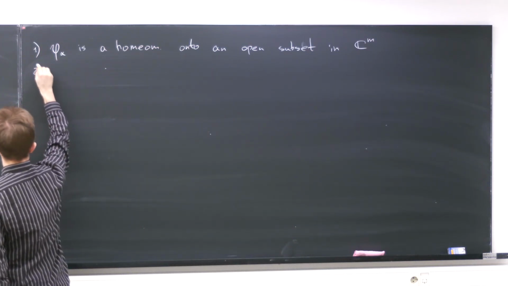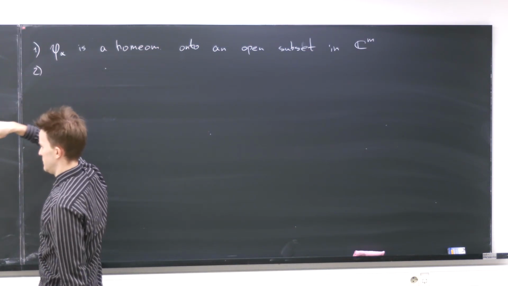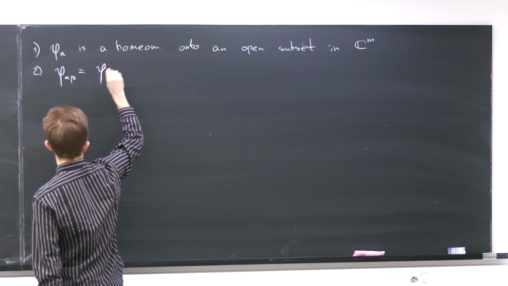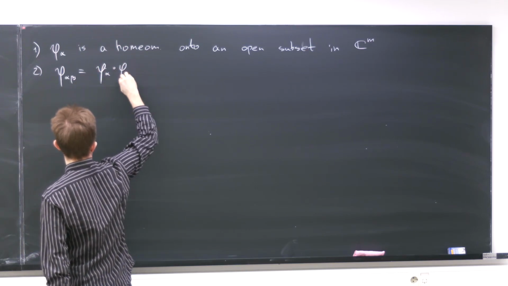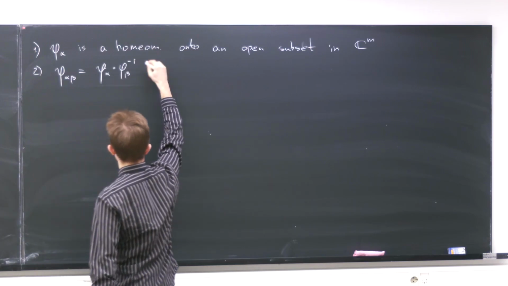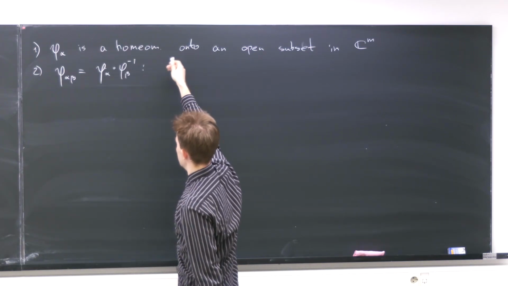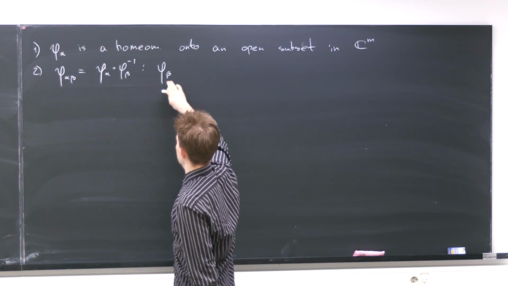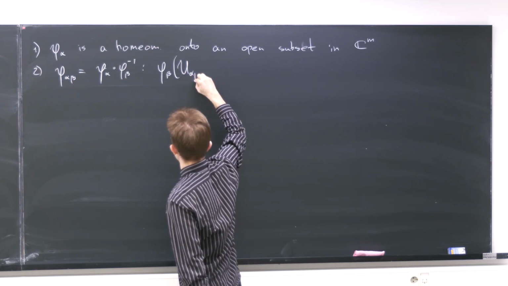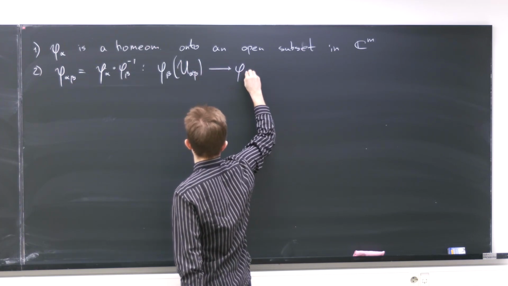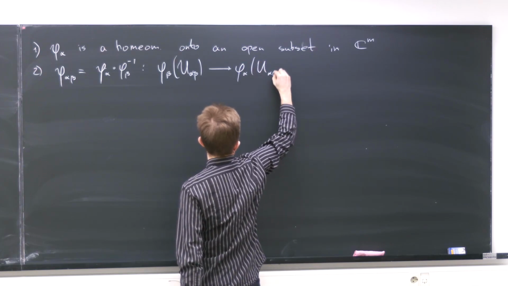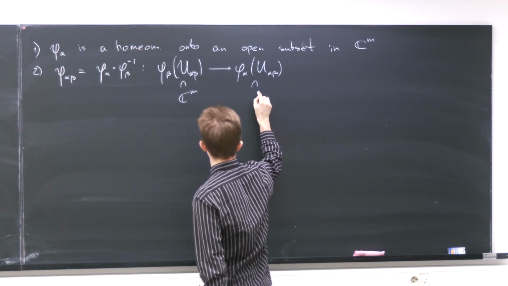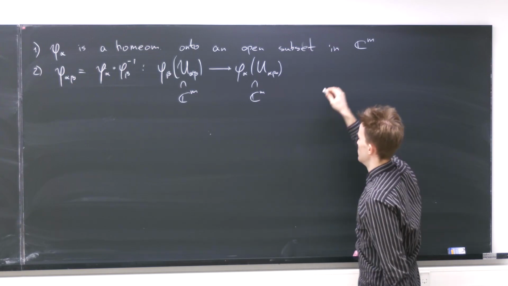And then if we denote by phi alpha beta the following composition, phi alpha composed with phi beta inverse, it is naturally defined on the image of the intersection U alpha beta. These two things are just open subsets in C^m, so this map should be holomorphic.